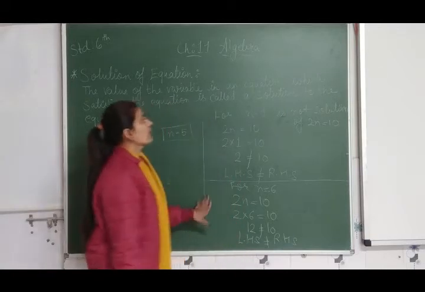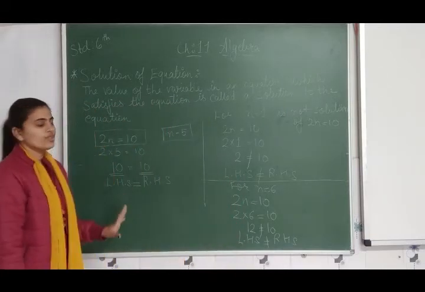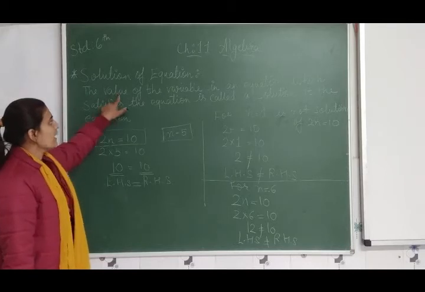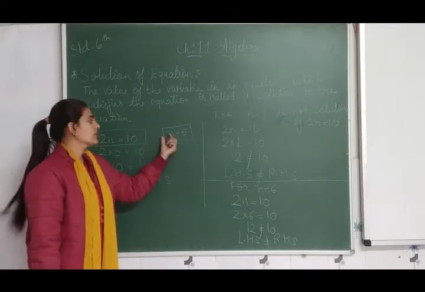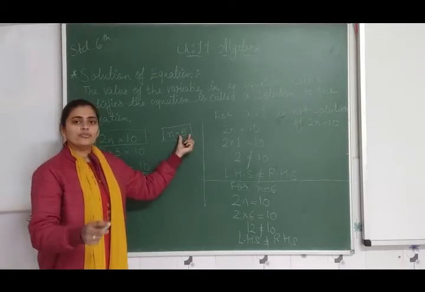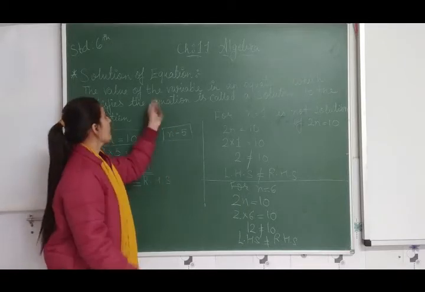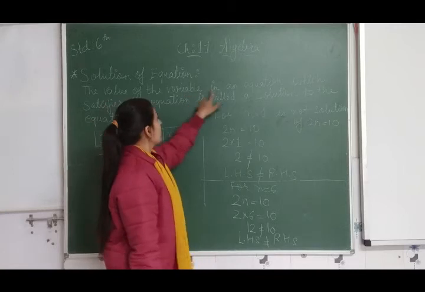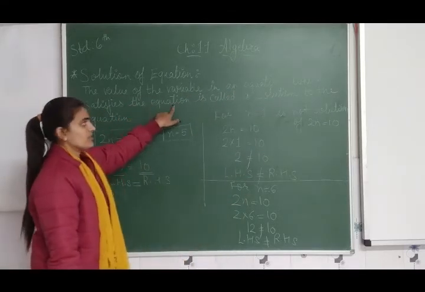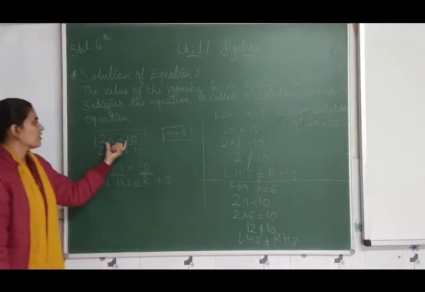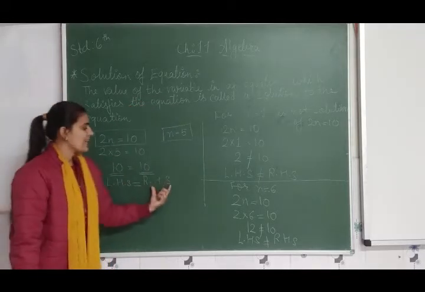So here a proper definition of solution of an equation is the value of the variable. Here n was a variable, and for that n we put the numerical value 5. So the value of the variable in an equation which satisfies the equation, that means we get LHS and RHS equal.